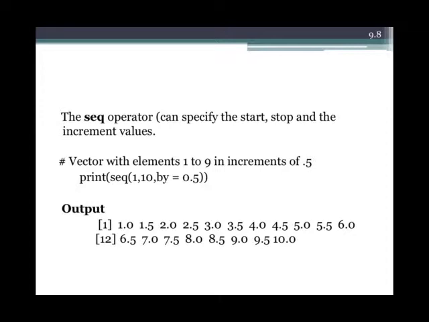For instance, in the example, we print the sequence 1 to 10, and then we have an additional parameter, which is by equals 0.5. So when we run this example, we should see 1.0, 1.5, 2.0, 2.5, 3.0, etc. till we come to 8.5, 9.0, 9.5, and 10.